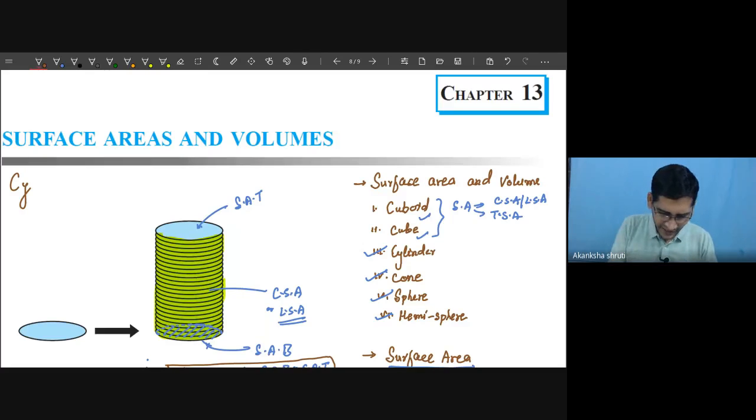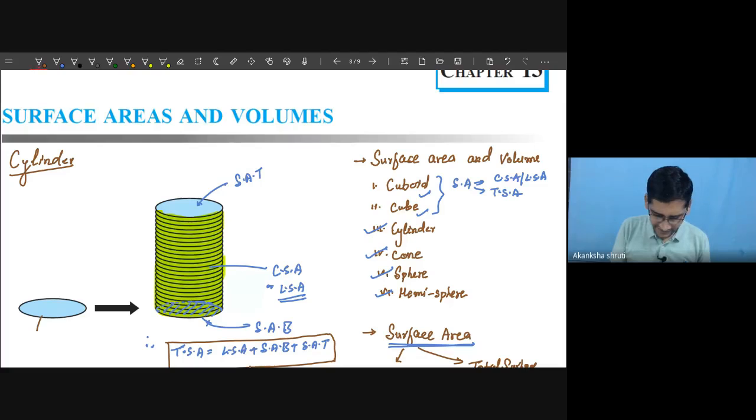Like here in this figure on the left hand side, a disc is drawn. So this is a circular disc. Disc means the area is filled, means area is enclosed.